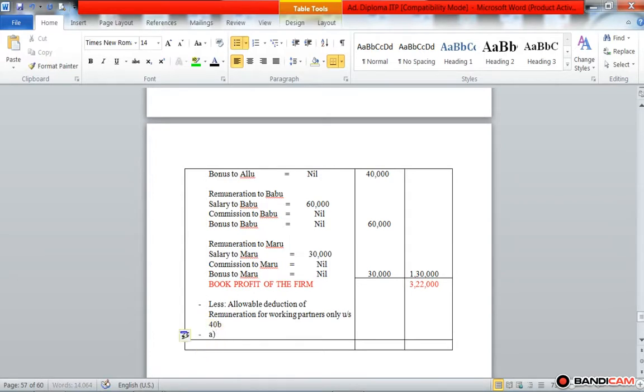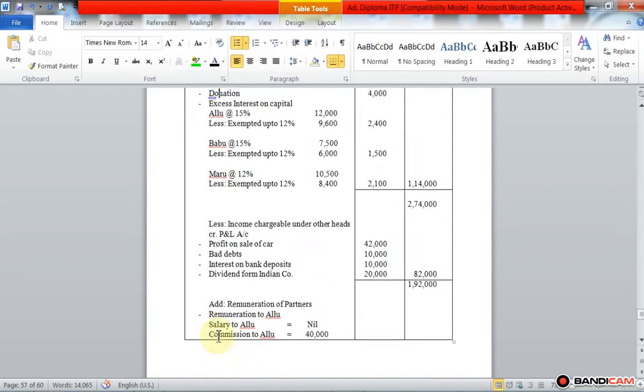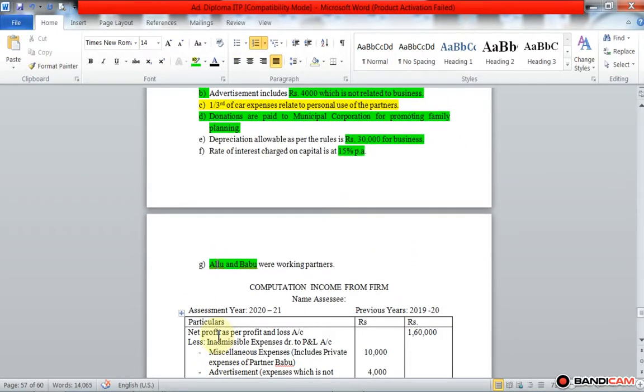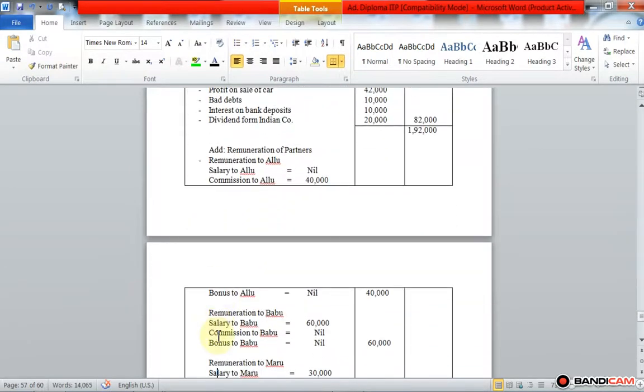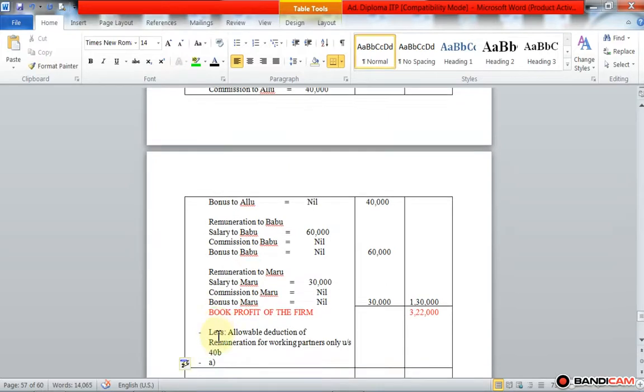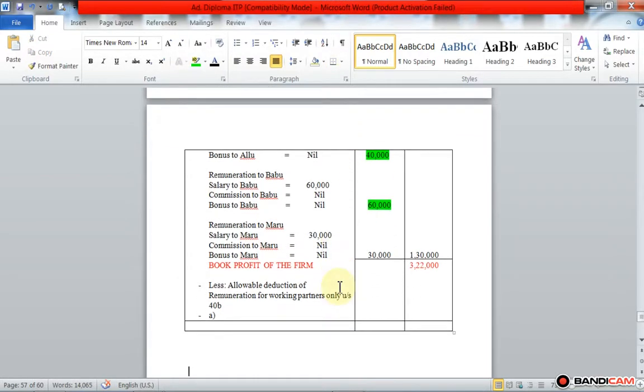Okay, so here A part, that is, the working partners are Alu and Babu. So we compute the remuneration of Alu and Babu. Alu's remuneration is 40,000 and Babu's remuneration is 60,000. So put this figure in the allowable remuneration.